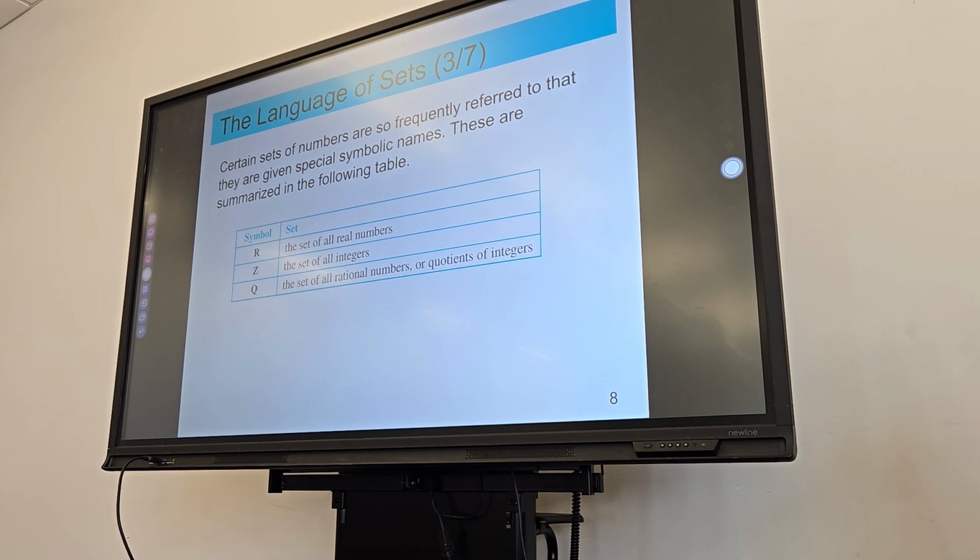And Q, don't see as often, but it is the set of all rational numbers. Remember the Q as being a quotient between two integers. So those three are fairly commonly used.